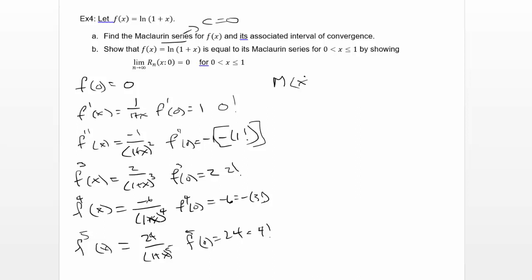The Maclaurin polynomial is 0 plus 1 over 1 factorial times x, plus minus 1 over 2 factorial times x squared, plus 2 factorial over 3 factorial times x to the third, plus minus 3 factorial over 4 factorial times x to the fourth, and so on.